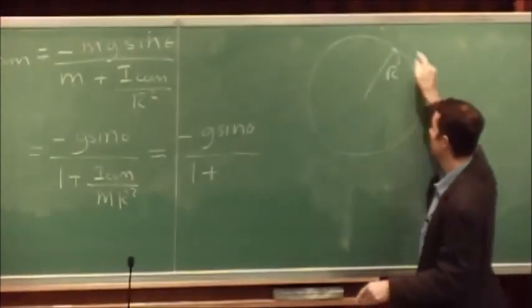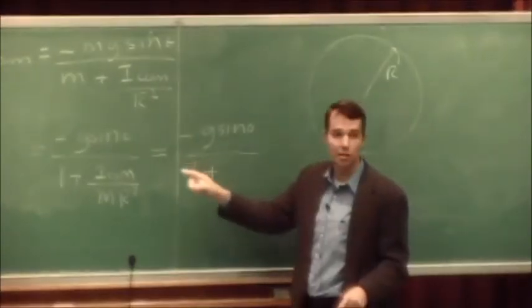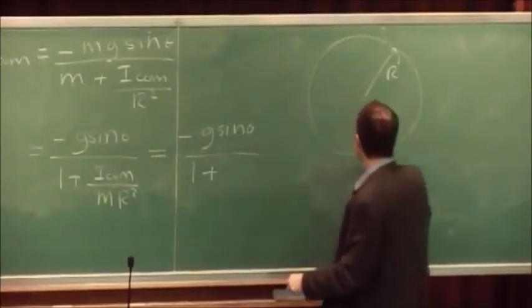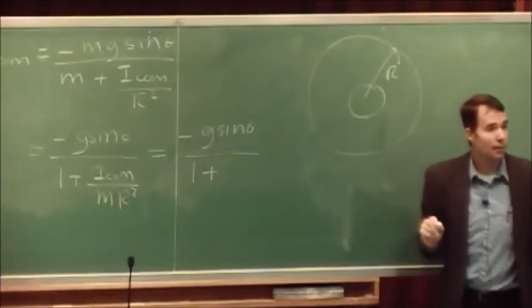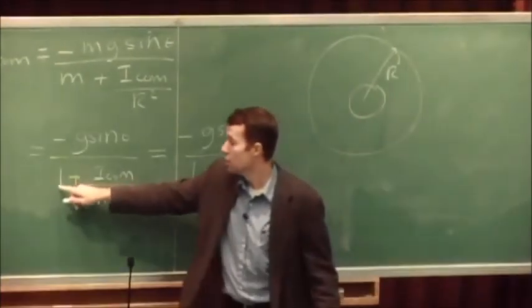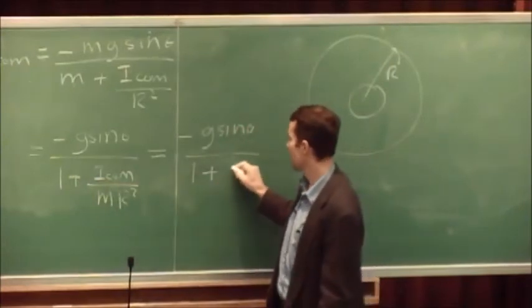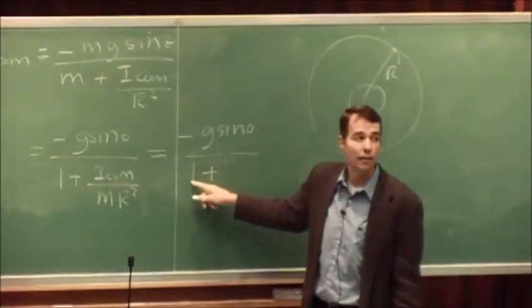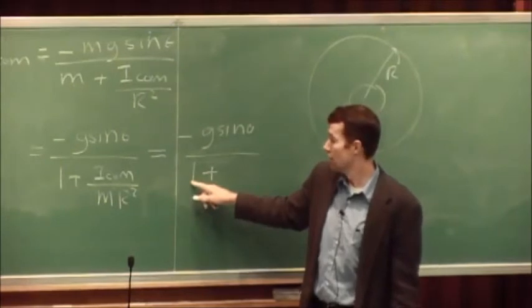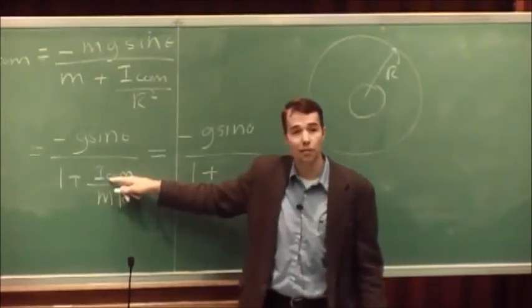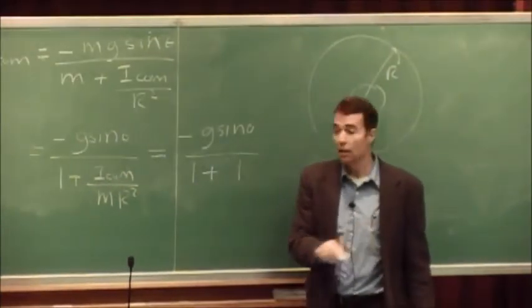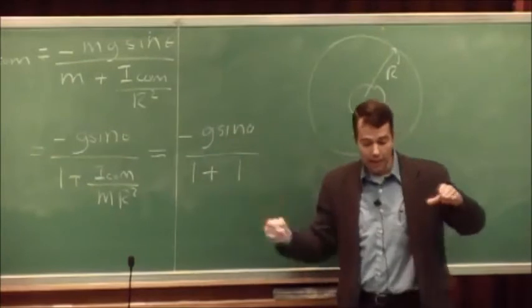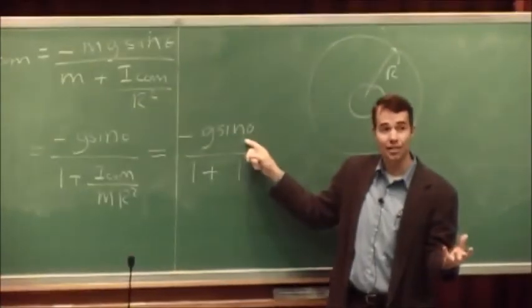Is that going to have a higher moment of inertia than something where most of the mass is located in the middle? So suppose this is just a big ring and it's M R squared, then what do I get? If this is M R squared for the center of mass, then this just becomes 1, and so a ring rolling down a ramp is going to be whatever g sine theta is divided by 2.